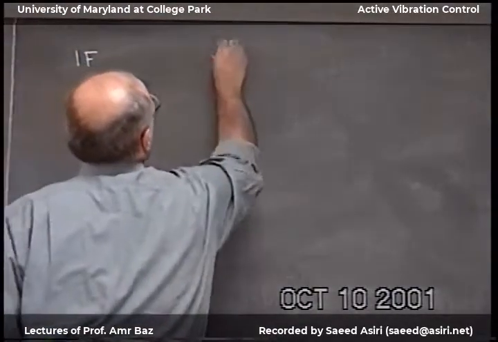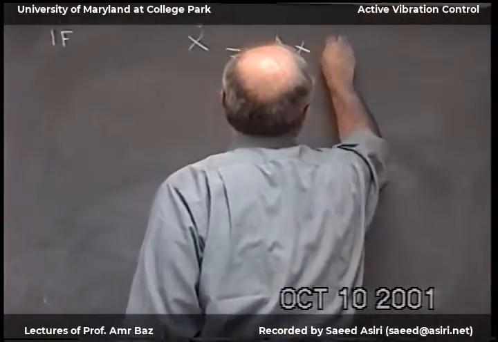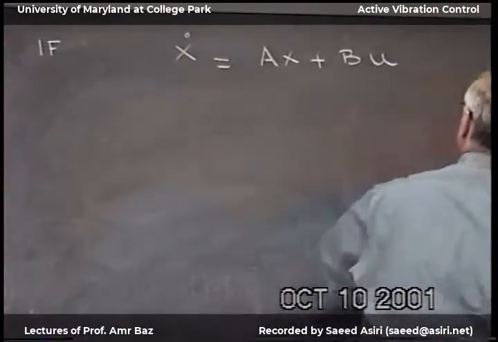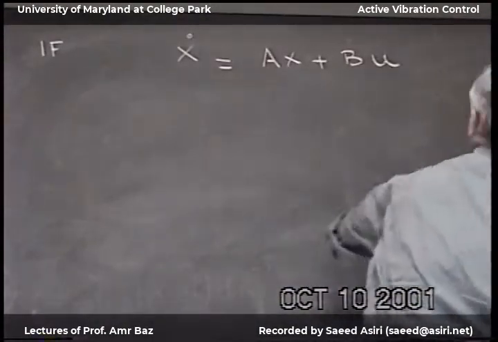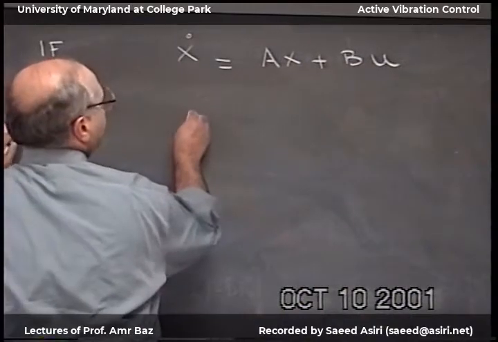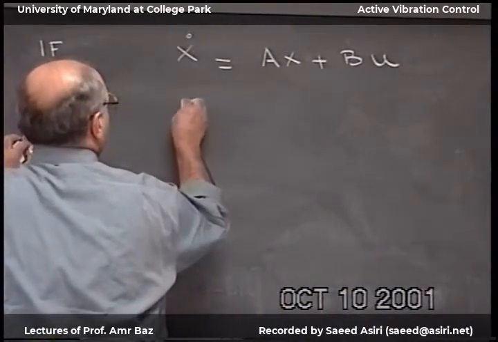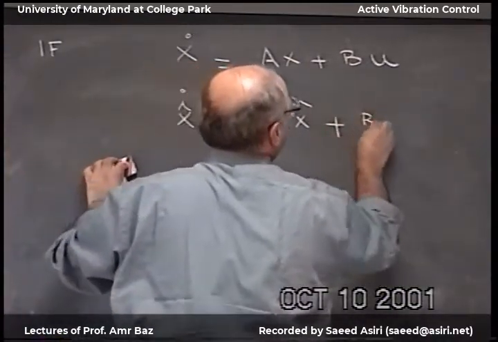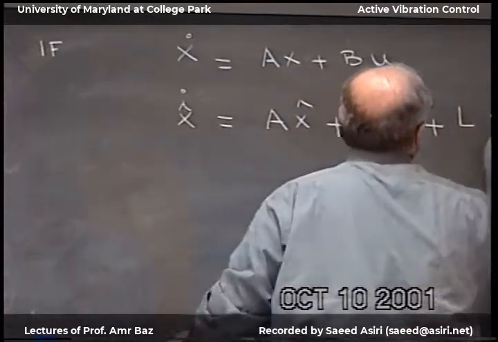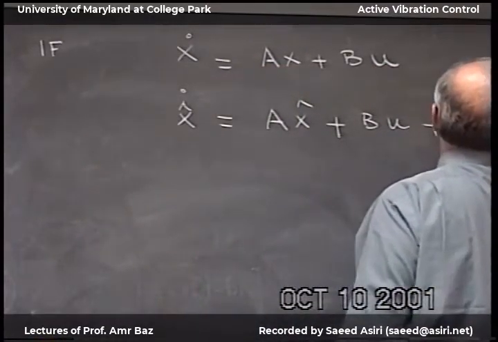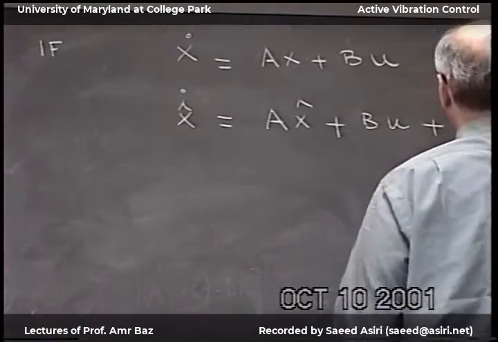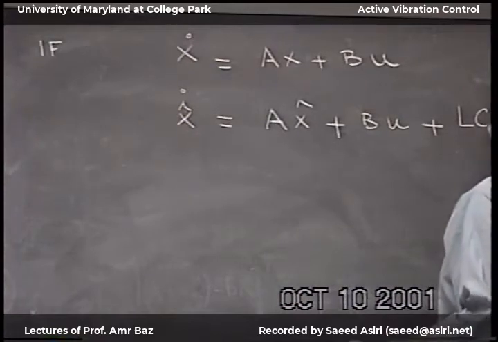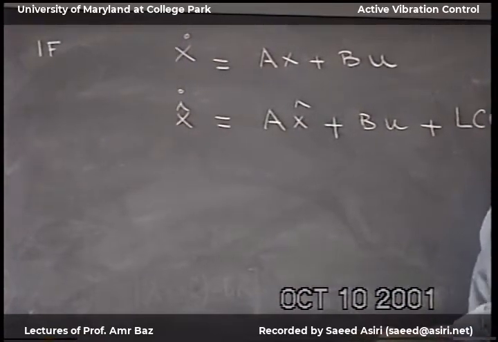if we have x dot is equal to ax plus bu, or I'll just take these and replace it by minus x hat.